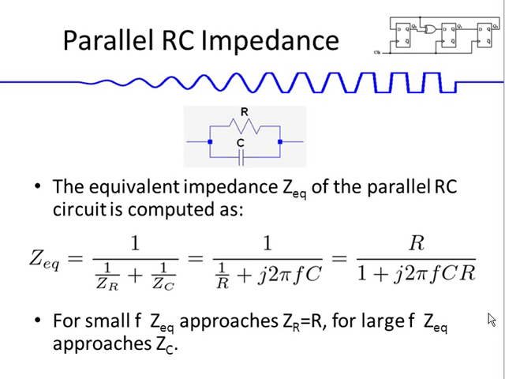That is just 1 over j2πfC, which is the impedance of the capacitor. And so for large f, the equivalent impedance approaches Z_C, the impedance of the capacitor. We can easily see that for large frequencies, the capacitor acts like a short circuit compared to the resistor, and so the current will flow through this branch here and not through the resistor.